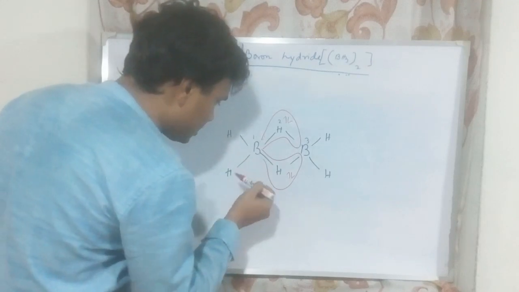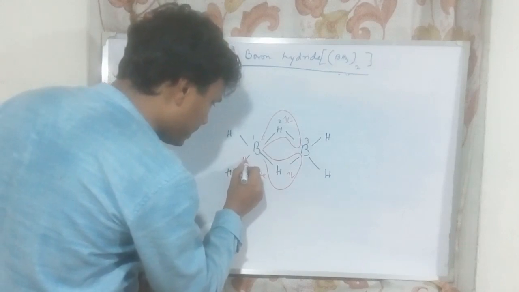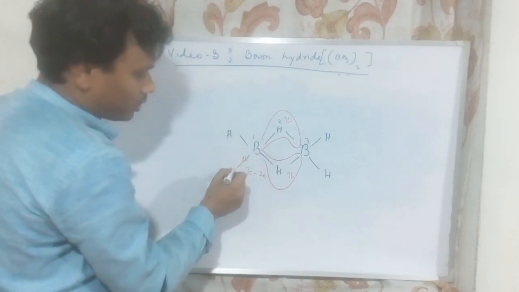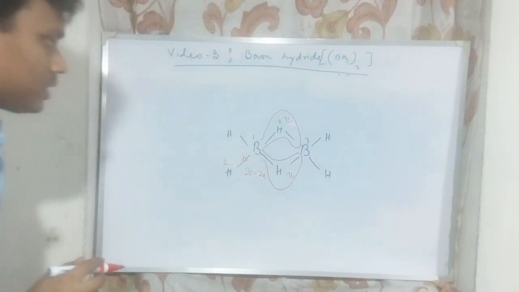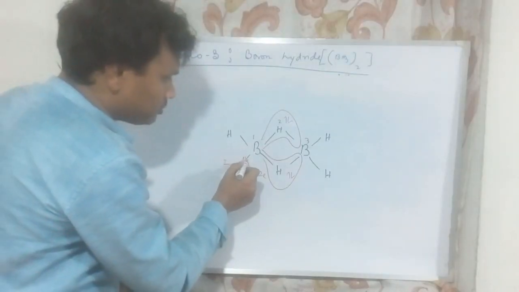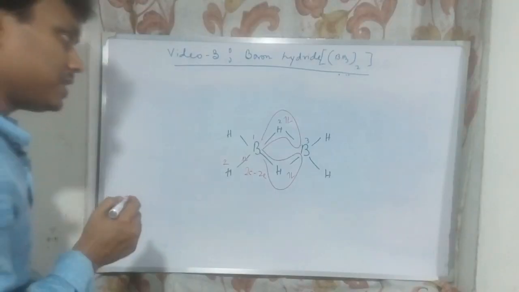This is 2C2E, because that bond pair is confined between this boron and hydrogen, the center 1 and center 2. So it is expected that this bond will be stronger compared to this, and which is further verified by some experimental data.